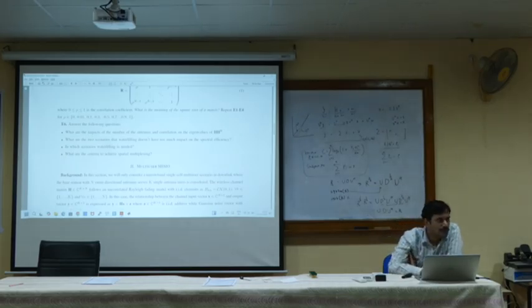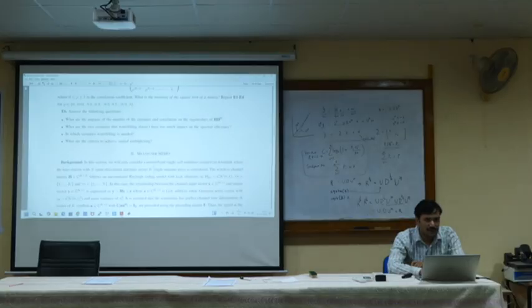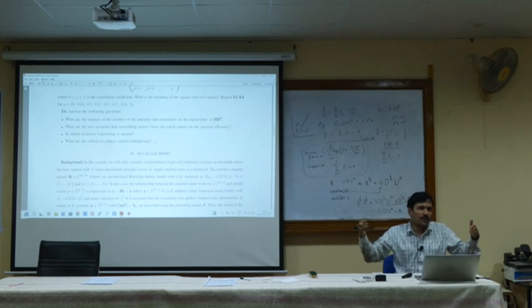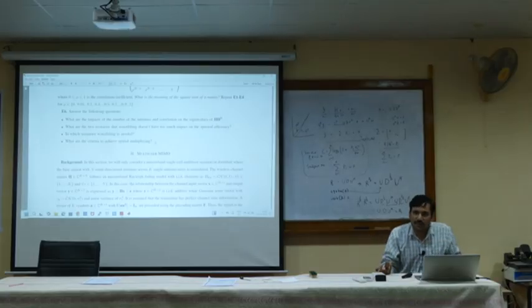Any question up to this point? Which scattering is needed to get a high capacity? Yes. So how can we get an uncorrelated signal? It is by rich scattering. When you have rich scattering, it means the signal is coming from multiple paths. So if you have more paths, you will have an uncorrelated signal. As you see in massive MIMO, it's like channel hardening, the law of large numbers, the central limit theorem.